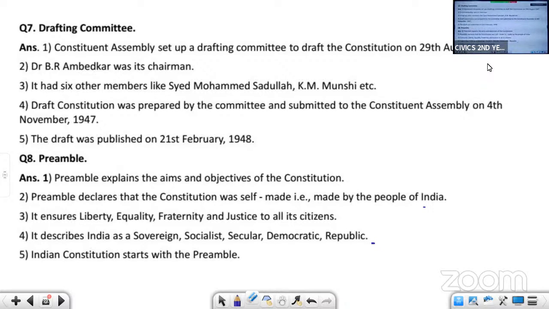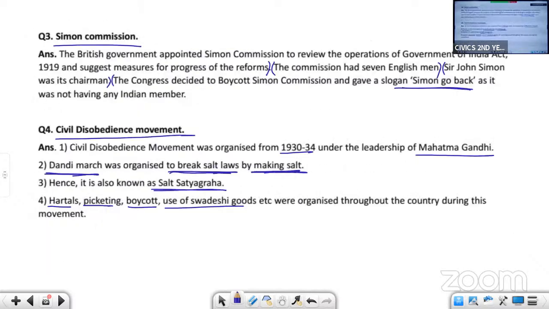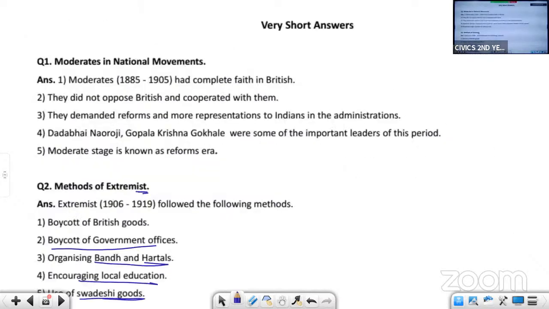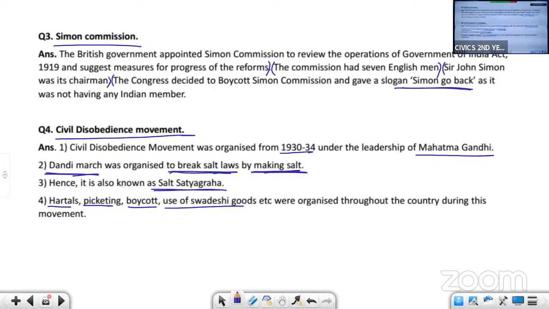So we have discussed 8 questions from your first chapter. You will get 2 questions out of these 8 for sure. It can be any question. So if you are thorough with these 8 questions, that is 4 marks.